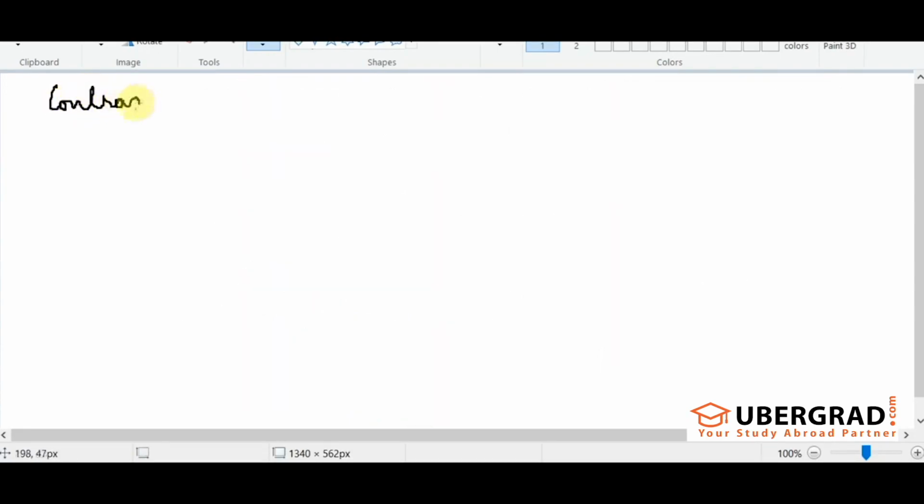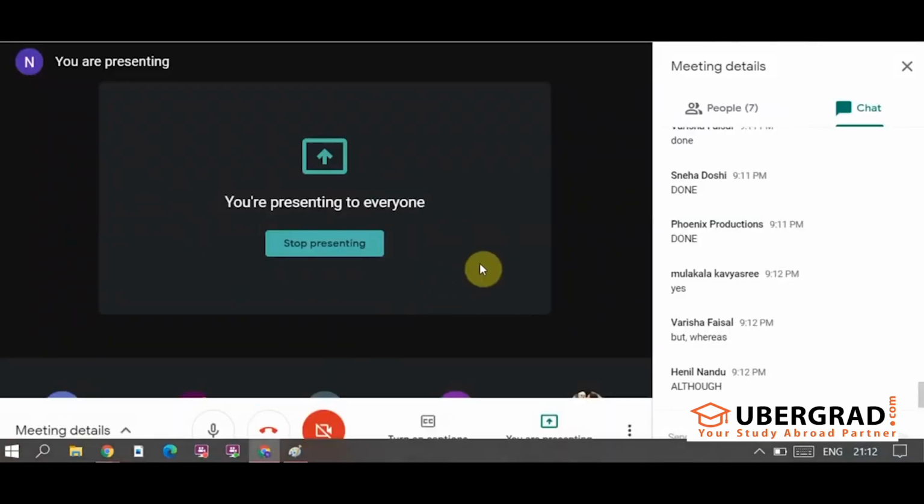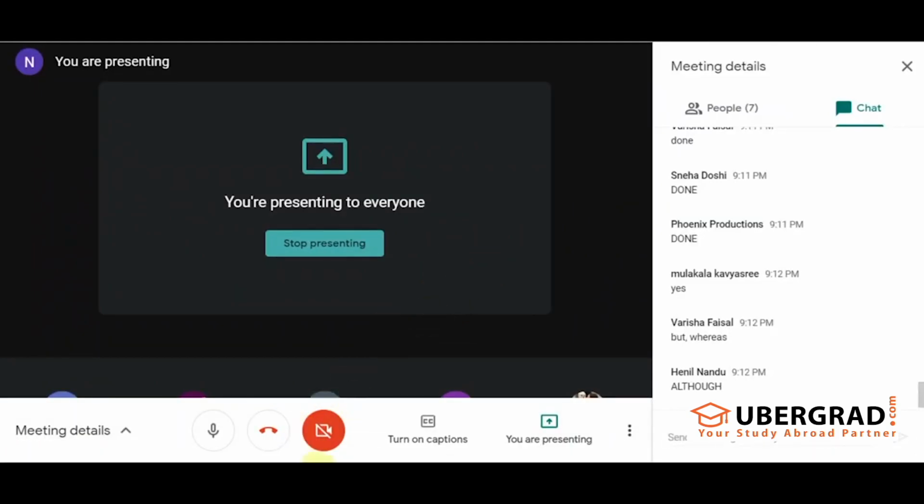So we have seen two categories of words just now. One is known as contrast indicator. The other is known as support indicators. Can you give me few examples of contrast indicators, guys? One we have already seen, which was but. Any other examples? Although, good. But, whereas, good.